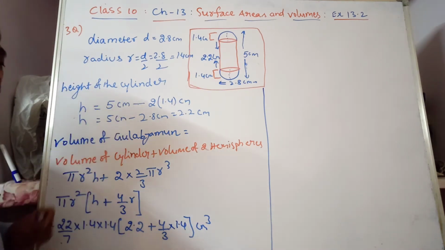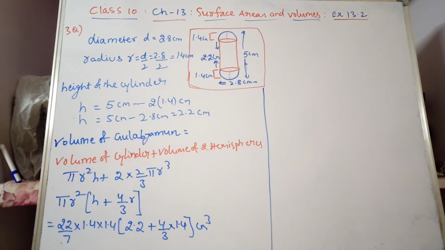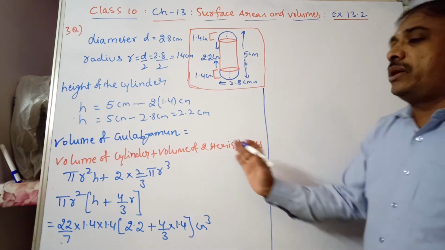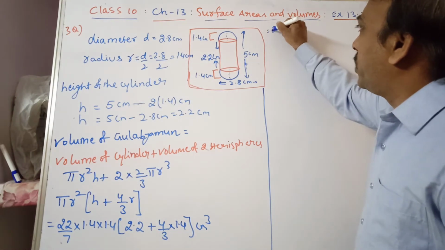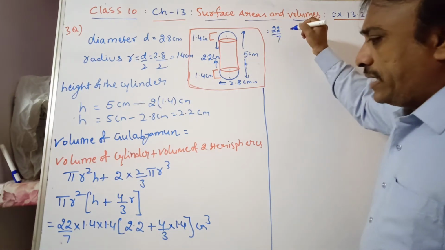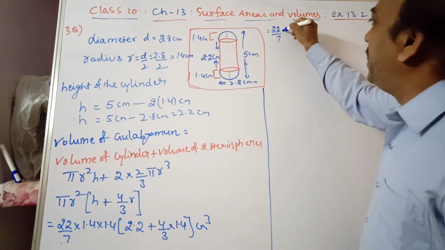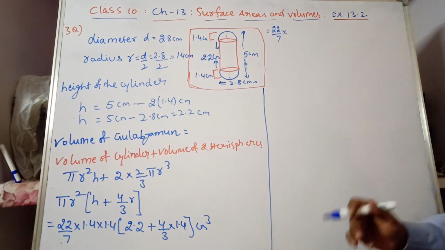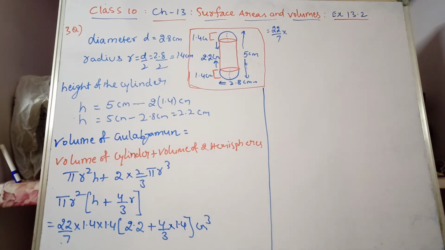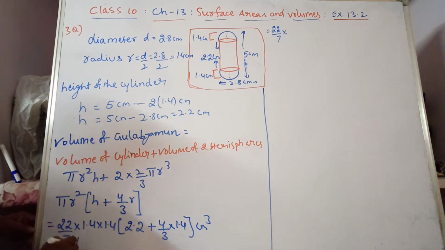Now see the leftover calculation part and how we are going to solve it. This is only the volume of one gulab jamun that we are going to find. So the next step is 22 by 7 into 1.4 into 1.4, and you can cancel 1.4 with 7, since 7 ones are 7, leaving 0.2.